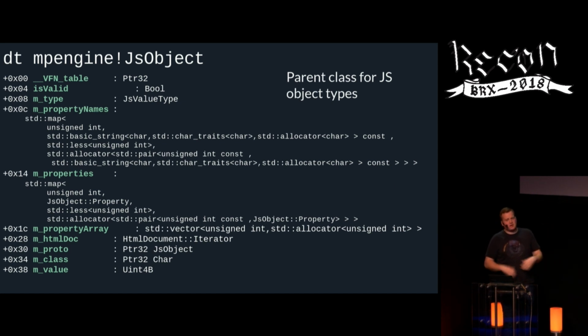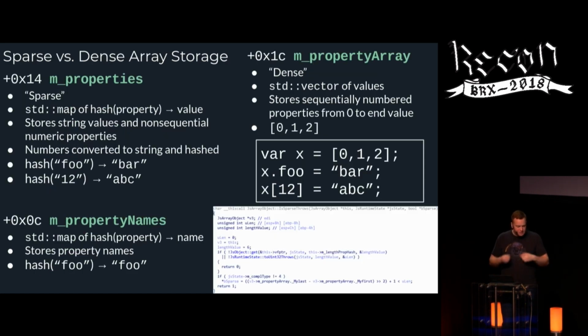Again, I showed this struct before. This is the main structure for any JavaScript object. And you have these pointers here: property names, properties, and property array. To talk through those, the mProperties array stores any non-sequential numeric property, as well as any string property. Using this snippet of code as an example, the foo property would get hashed, and then within this table they have the standard tree that would map onto the string bar.